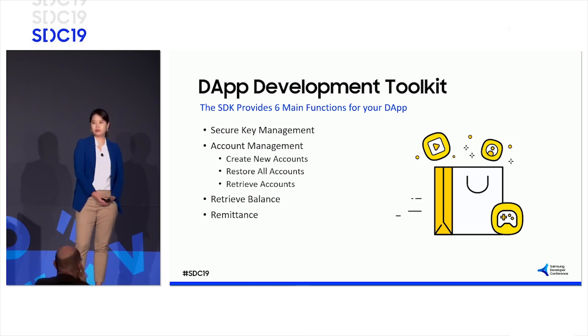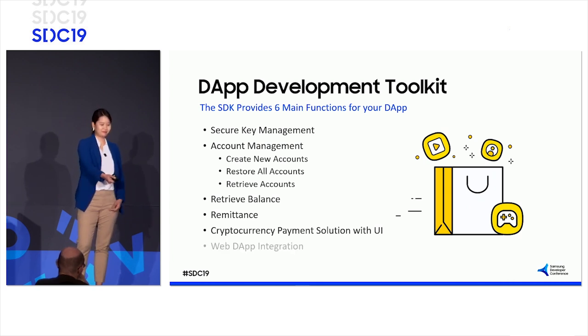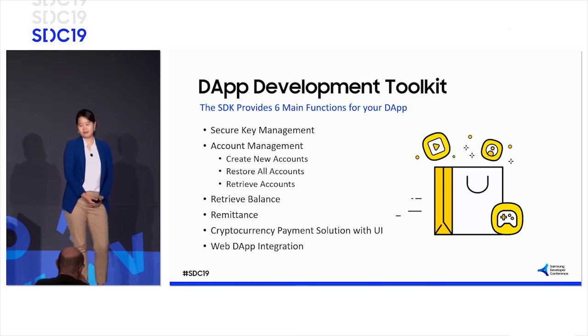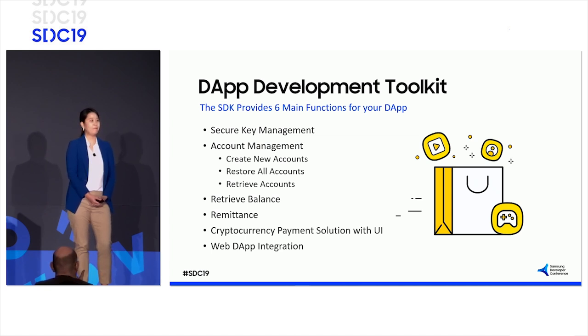To adopt cryptocurrency payment solution, you will need these functions as well: retrieve balance and remittance. With UI, even better. Most of the apps are running on web environment. So some of you guys may need an easy integration solution to import your web-based DApp into mobile.